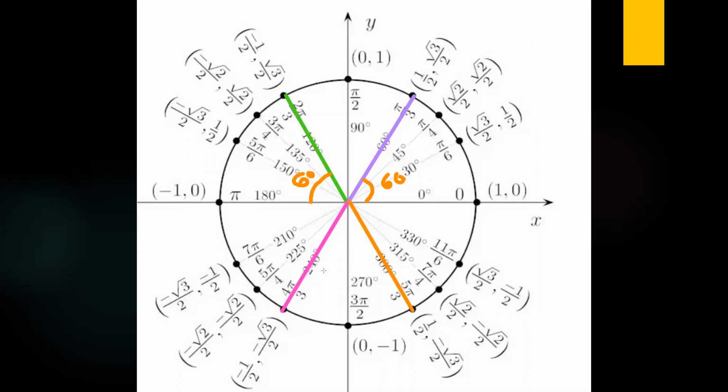Angle 210 is, sorry, 240 is rotated from the x-axis, from 180, by 60 degrees to reach 240. So here we have 60 degrees. And from the positive x-axis up to 300, we have 60 degrees.